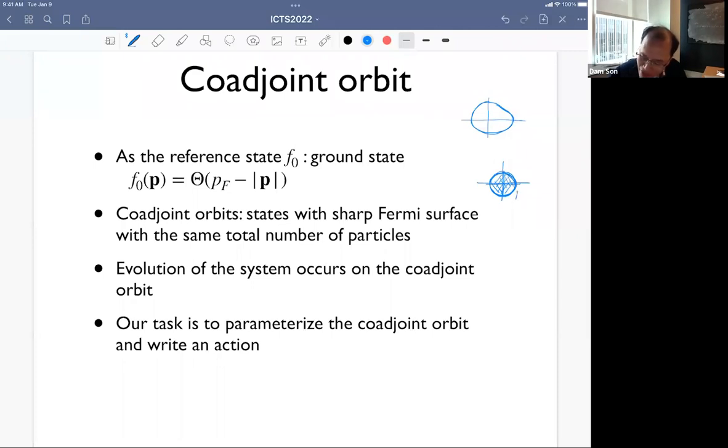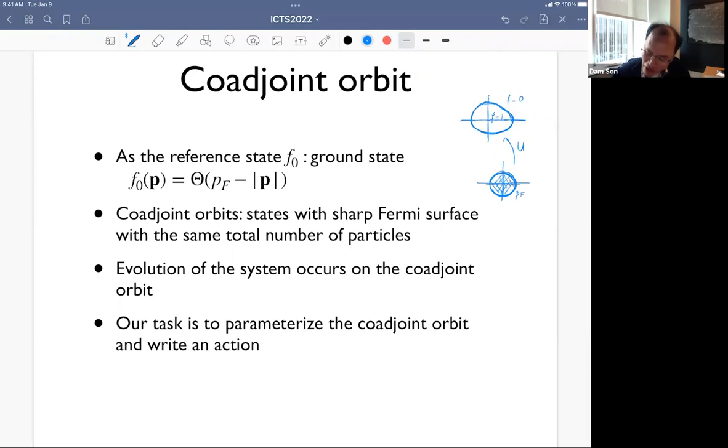We can apply a canonical transformation and transform it to a new state, parameterized by a function small f, which is still either 0 or 1, because it's just a canonical transformation. It doesn't change the phase space volume.